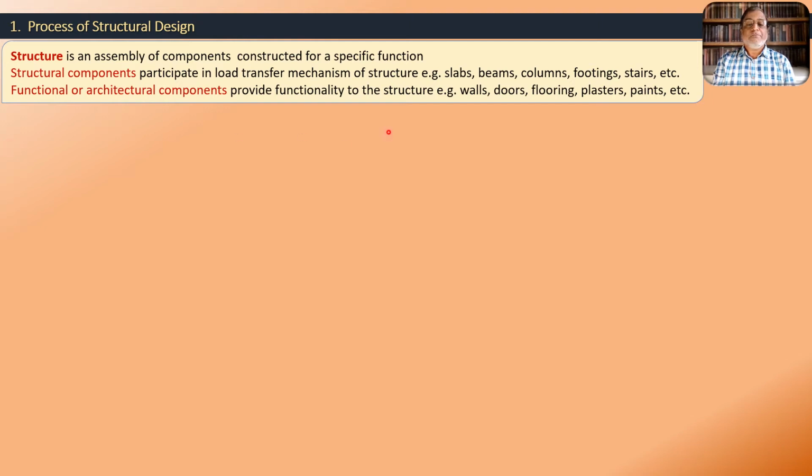Examples in a common building structure are walls, doors, flooring, plasters, paints, etc. All these are functional or architectural components of a structure. Now, structural design is related to structural components and not to functional or architectural components.